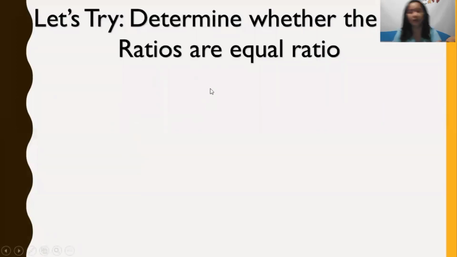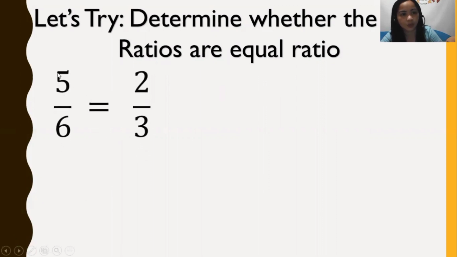Let's try this. Determine whether the two ratios are equal ratio or proportion. We have here 5:6 equals 2:3. How do we determine if they are a proportion? By just getting their cross products. We have 5 times 3 is 15, and 6 times 2 is 12.